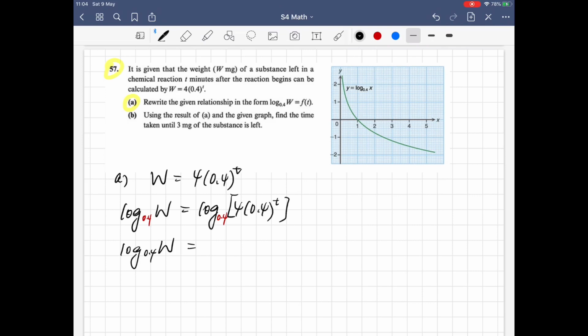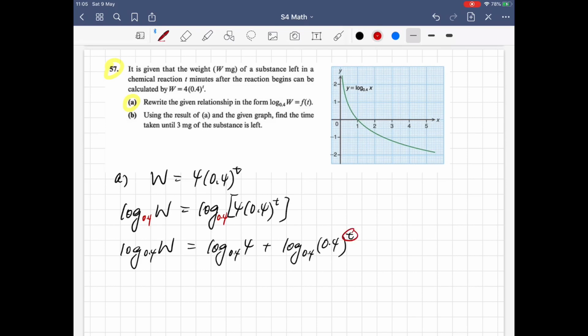but for the right hand side we can separate the things in the bracket using the property of logarithms, so that we have log 4 with base 0.4 plus log 0.4 to the power t with base 0.4.